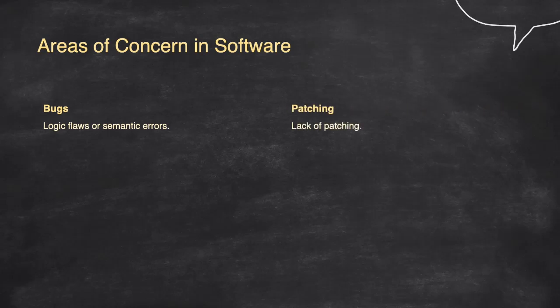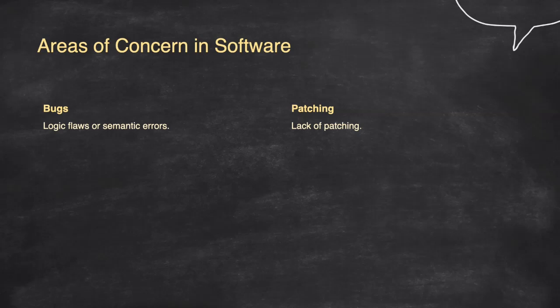Next, about patching. Patching refers to the process of updating software to fix bugs, improve performance, or address security vulnerabilities. When patches are not applied regularly, it can leave the software exposed to known vulnerabilities, making it easier for cyber attacks or system failures to occur.